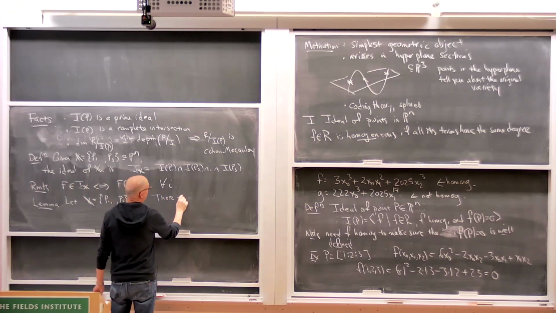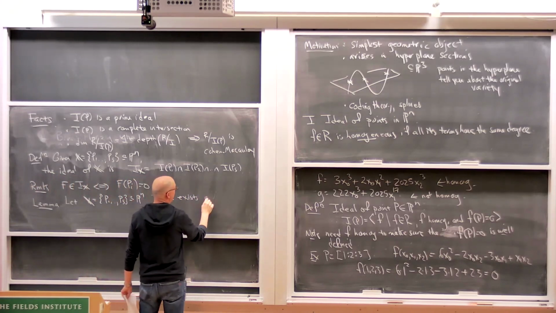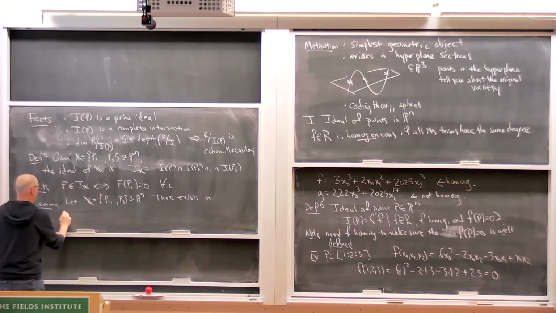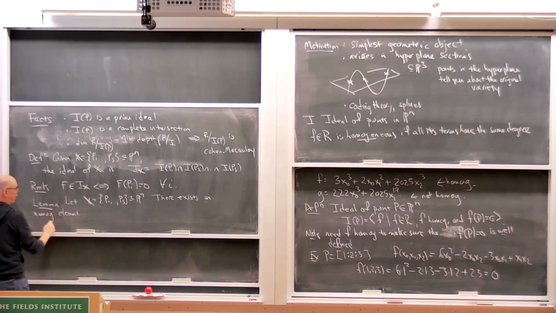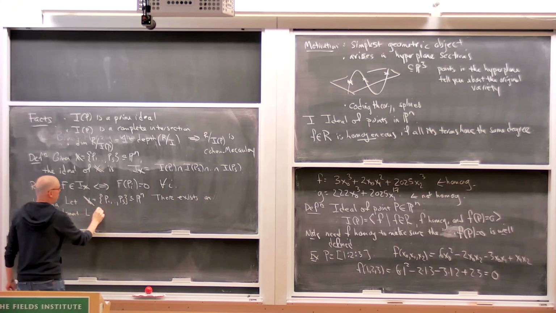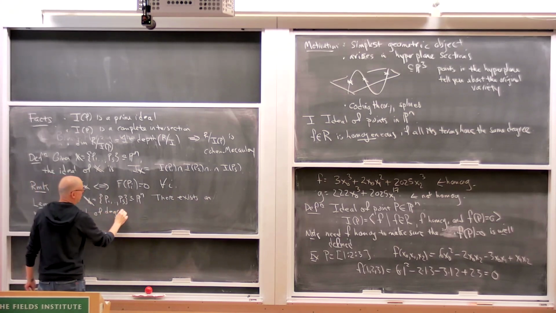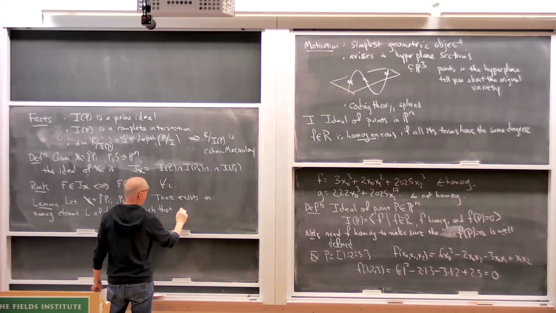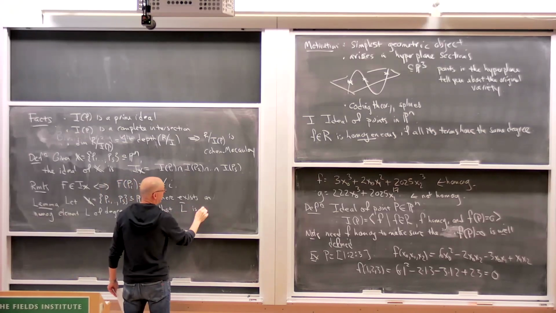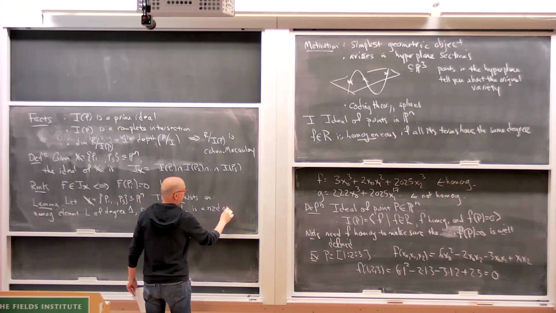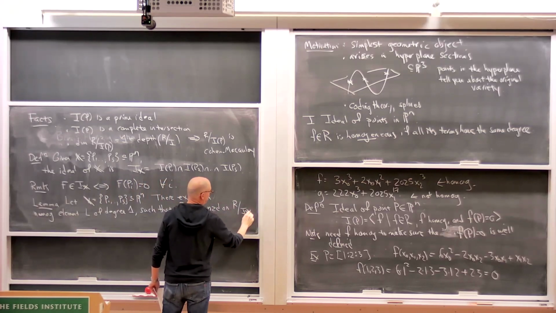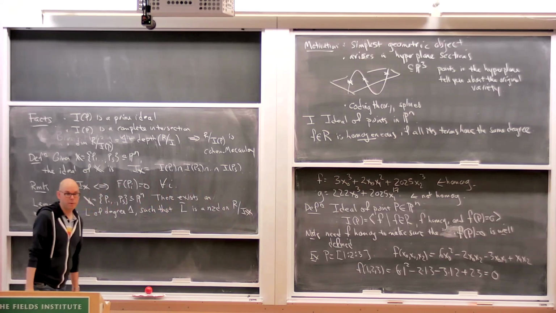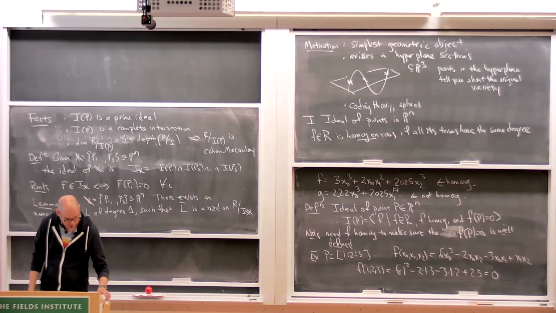Then there exists a homogeneous element L of degree 1 such that the class of L is a non-zero divisor on R mod I_X. So it's a pretty handy little lemma to have.